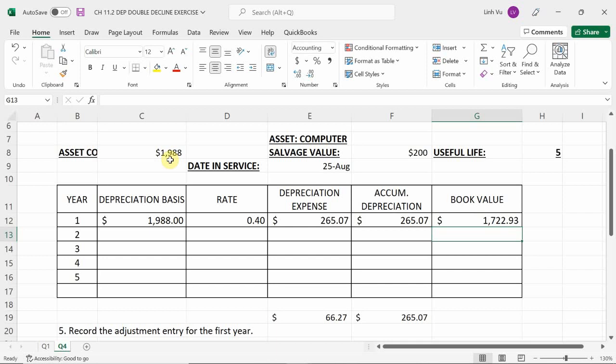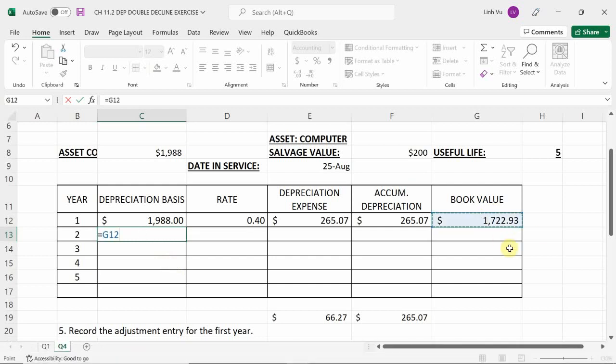Okay. So then, how do I solve for my basis for year 2? You would put the basis for 1722.93. Good. What's my rate going to be?